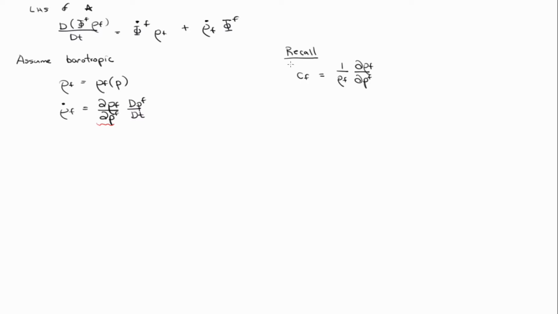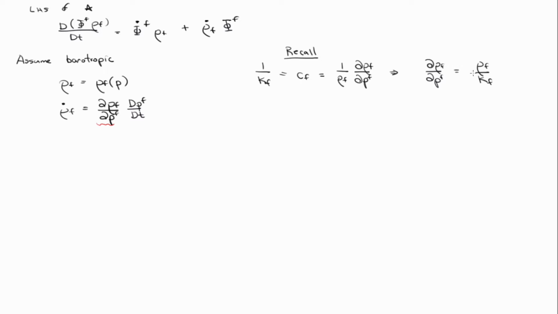Of course, we don't really use compressibility. We use bulk modulus, and 1 over the compressibility is the bulk modulus, right? So with that, we can get that partial rho f partial p f is equal to this guy, right?